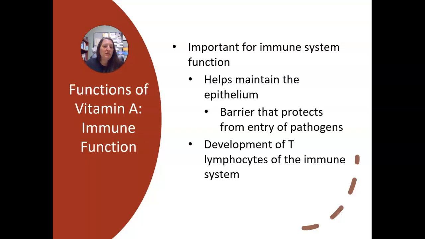That's where a lot of our immune system sits, or works, I should say. And so, again, vitamin A helps to maintain that epithelium, that barrier that protects us from the entry of pathogens, both on the outside of us and, again, like I said, on the inside of us.